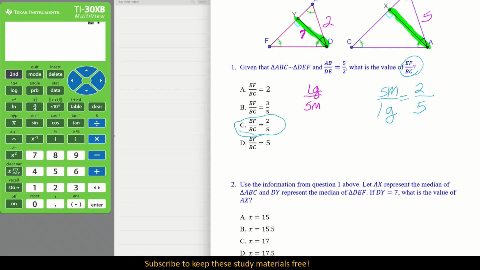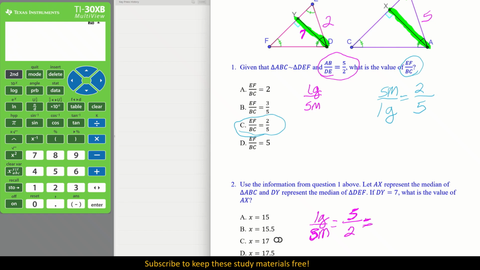And they're saying to use the information from number 1. Well, that's where they gave us our ratio, our scale. Okay, so we need large to small. Okay, that's a scale, large to small. And we had 5 over the 2.